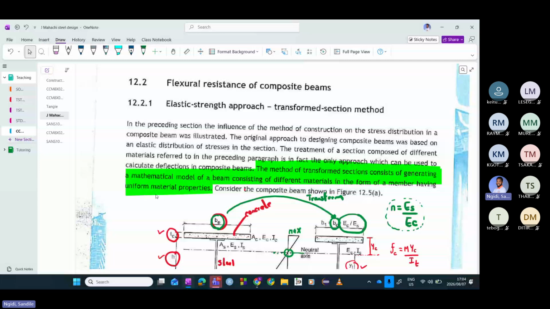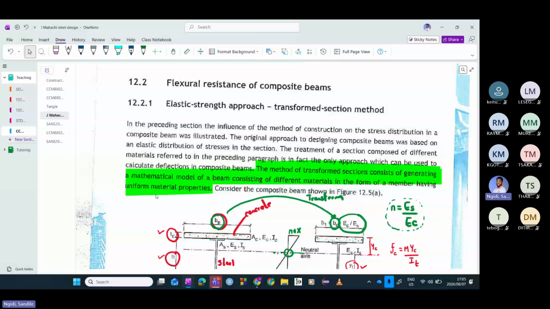And then we change the width of the concrete section, and we transform it into a width that reflects the ratios of the modulus of elasticity. The only thing that we change is the width. We don't change the height, so that the stresses in the transform sections can just be calculated using the flexure formula.